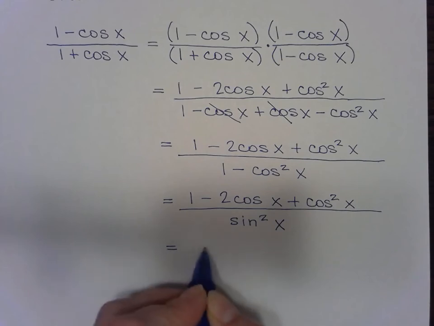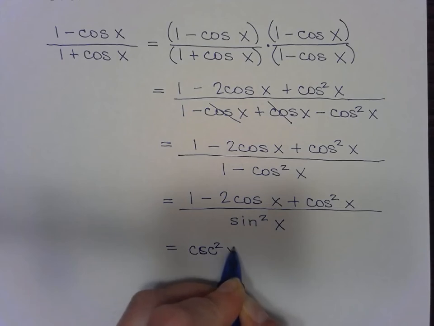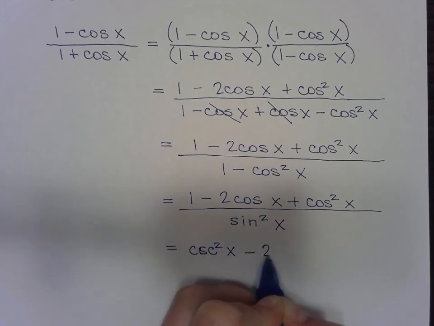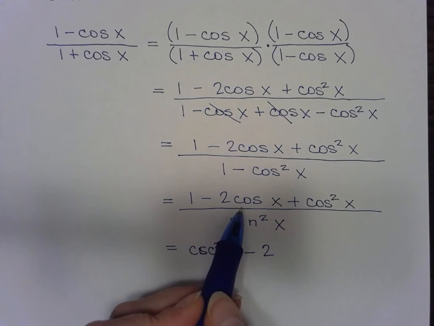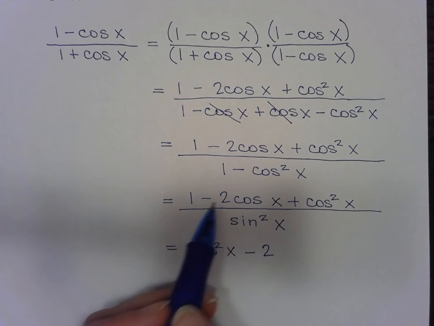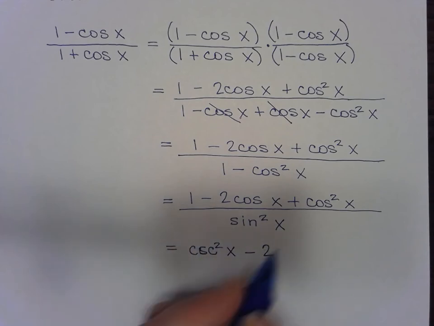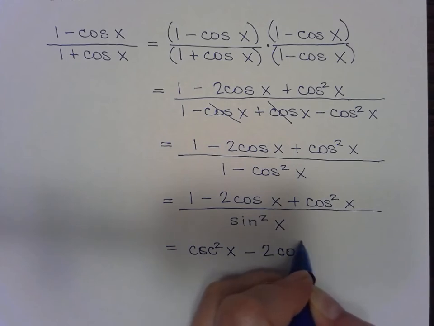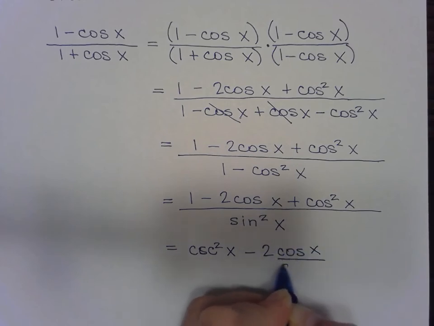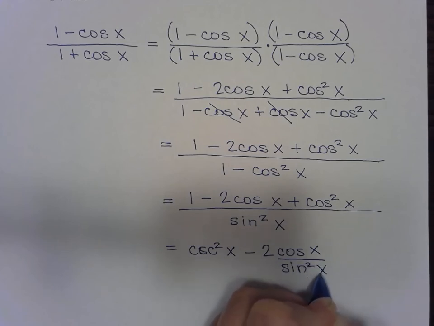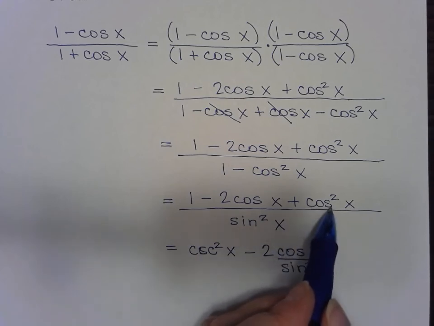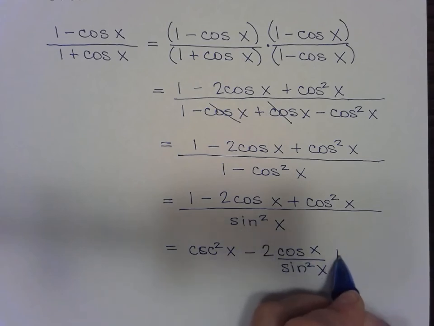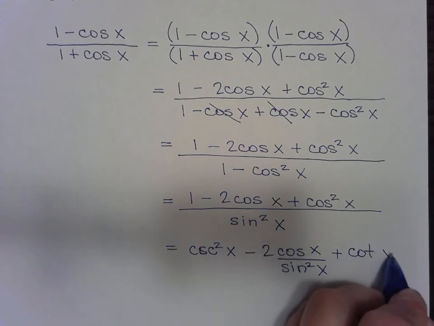As 1 over sine squared would be the cosecant squared minus 2 times, let's write this as cosine of x over sine squared for right now. I'll come back to that in a second. And then cosine squared over sine squared, that's definitely the cotangent squared.